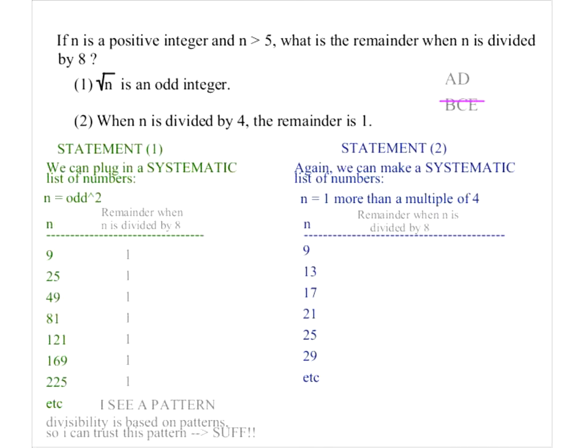So if we divide these numbers by 8, if we divide 9 by 8, we get a remainder of 1. If we divide 13 by 8, we get a remainder of 5. Do we have to keep going? Yes or no in the text box.